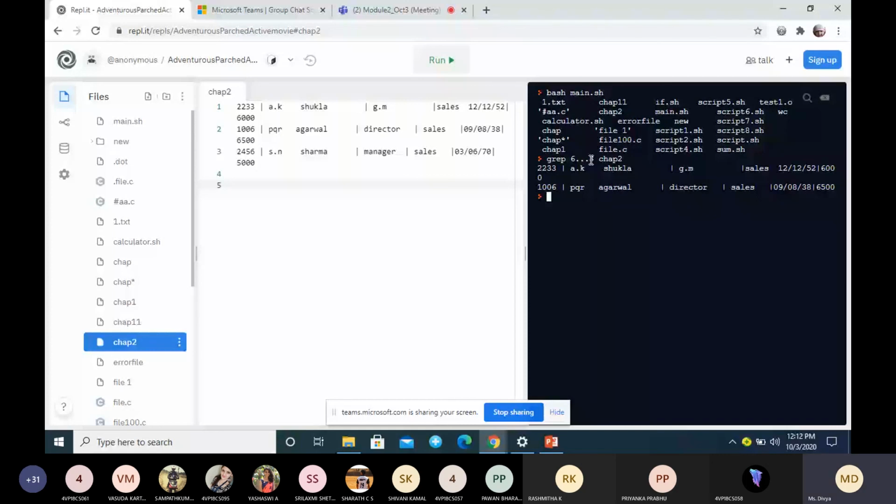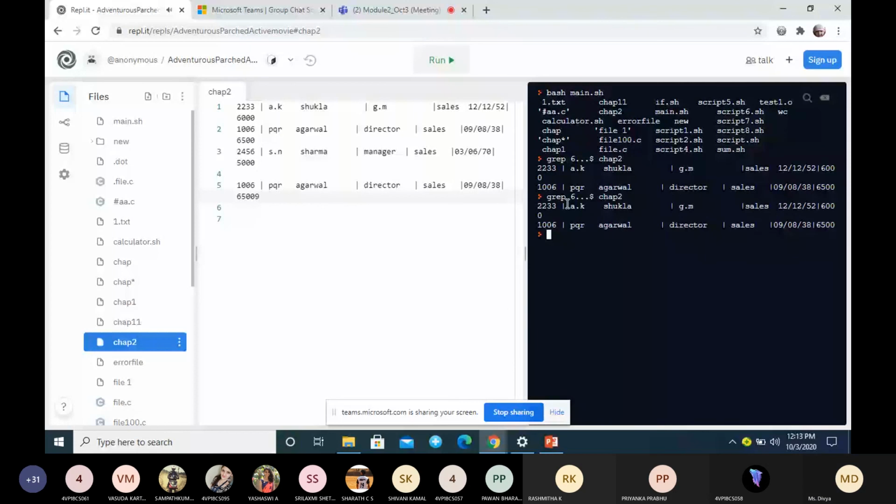Look at the importance of dollar. Suppose I had one more line, something like this. Now I'll execute this command again. Which one will it list? It will list only the first line and second line.